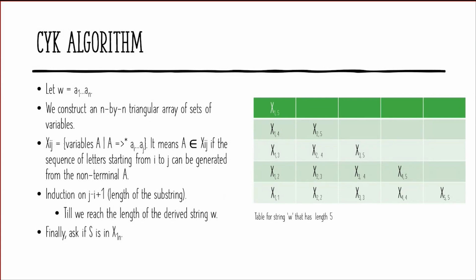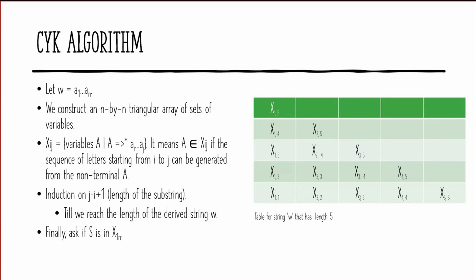So in this, we will do induction on the length of the string. What this means is, initially, as a base case, we will do it by brute force. Xii will be done using brute force. So all the substrings of length 1 will be done by brute force, and we will use induction.